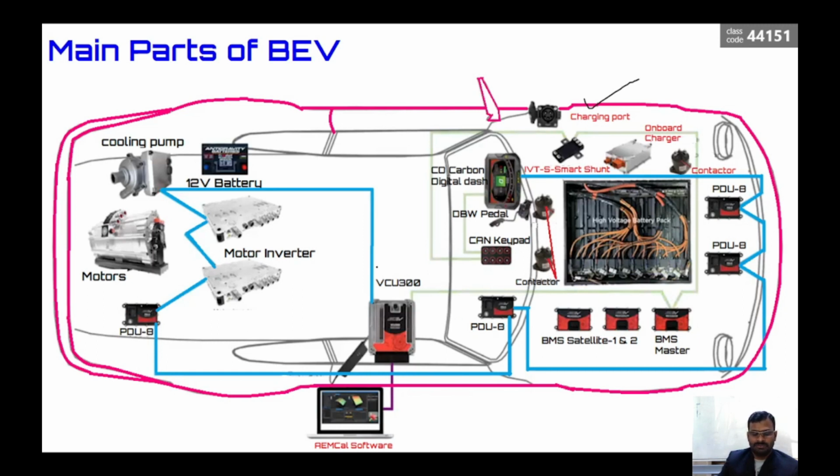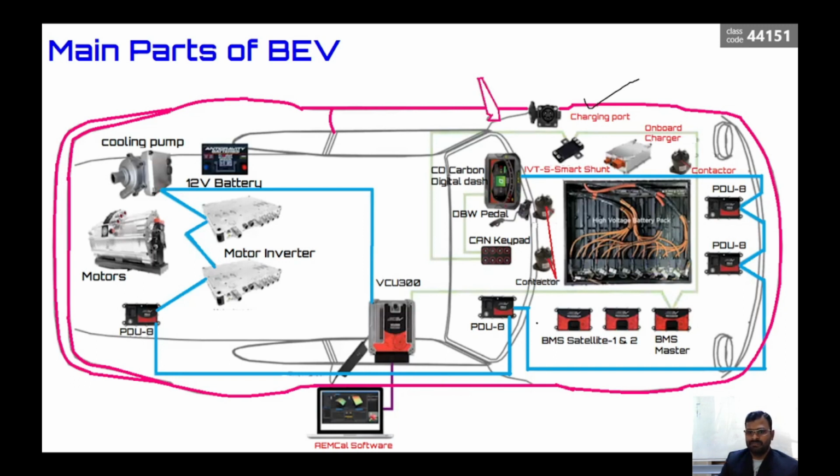And we have the master controller unit, VCU 300, which connects all the CAN bus networks and the PDU, the power distribution units, and also connects to an external device like a computer to monitor the parameters.